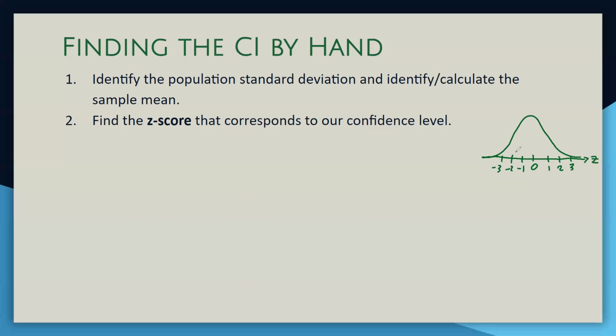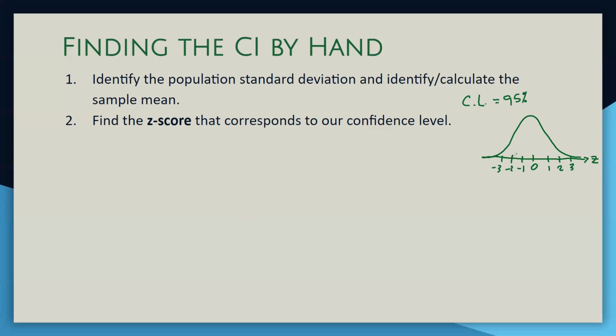When we build our confidence level, we're going to be told how confident we want to be that our range of values is going to contain the thing we're trying to estimate. So for example, sometimes they'll tell us we want a confidence level of 95%. I want to be 95% certain that the actual population value is in this range.